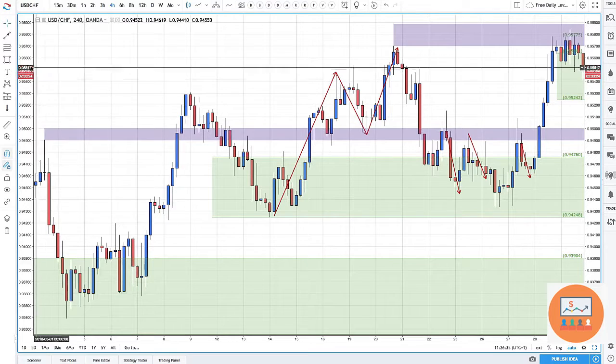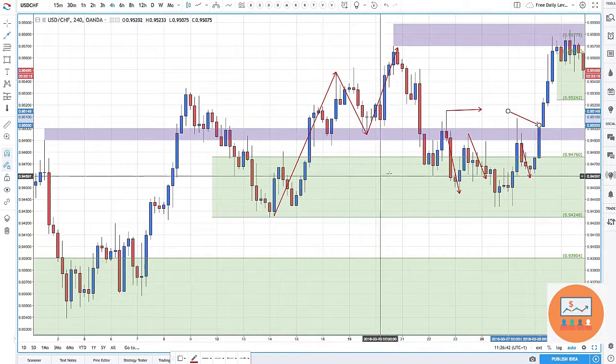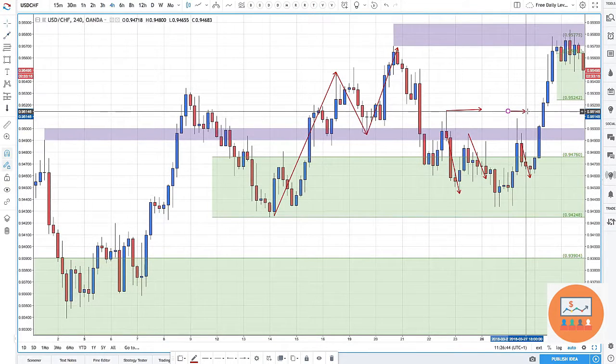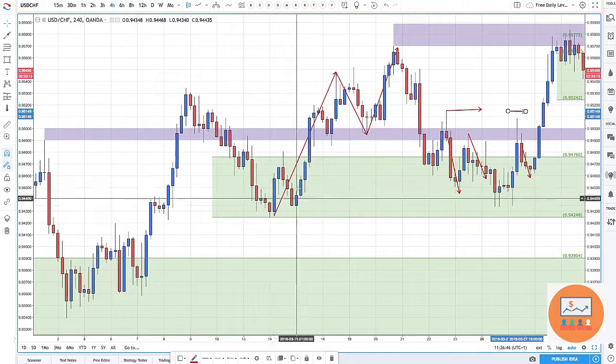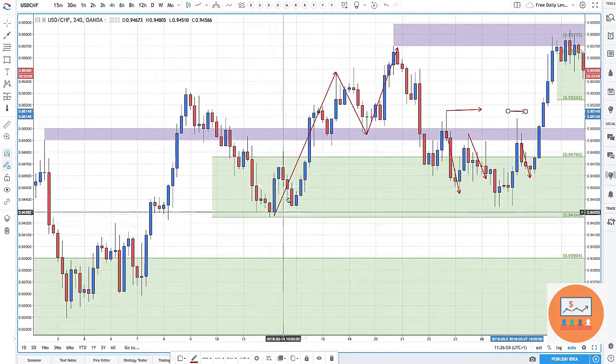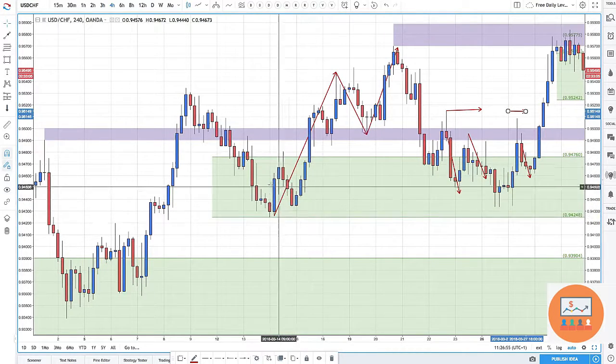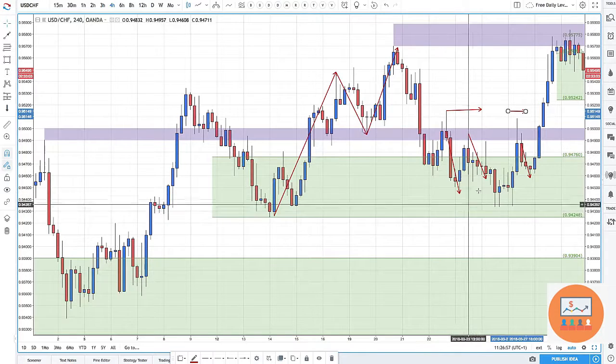So there would have been a lot of stops around here, anywhere above here, right? Stop losses, sorry, got the magnet tool on, right? But we only take one trade, right? This is the best area because this is the cheap. This is where, in the overall trend, the first cheapest area is the demand area, right?